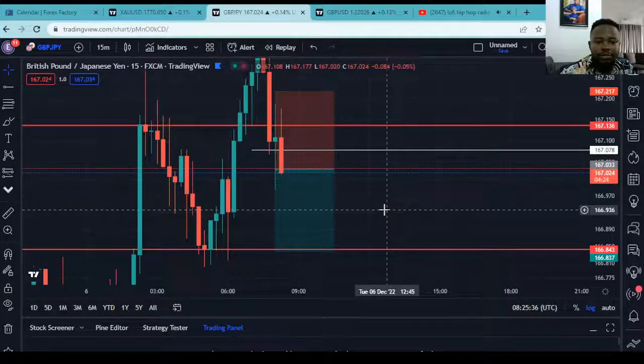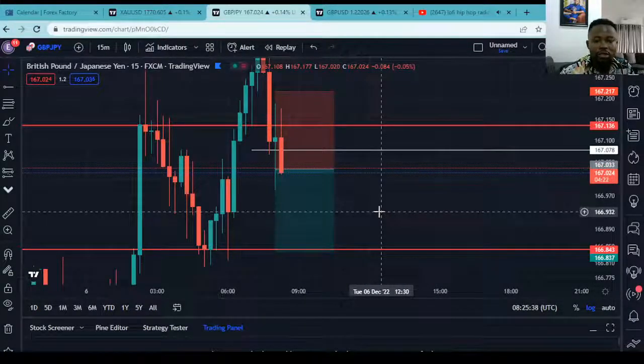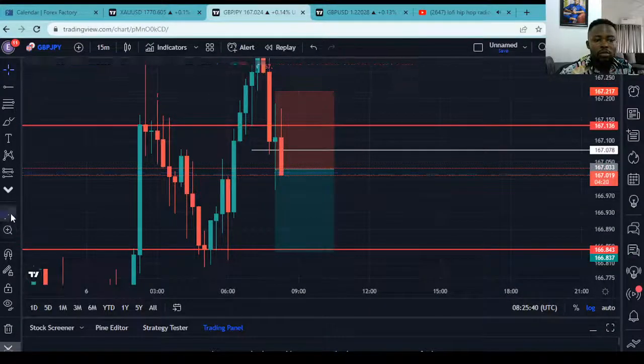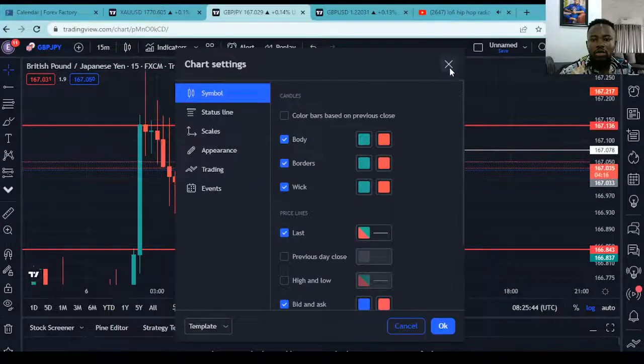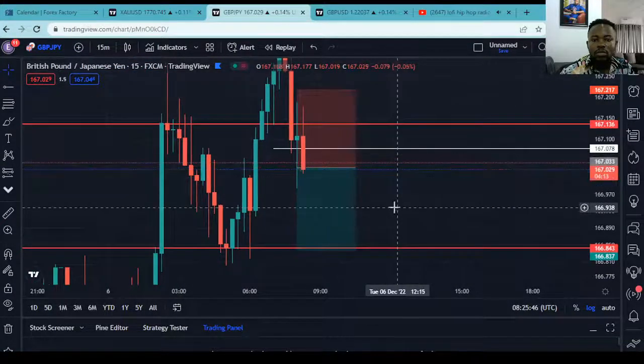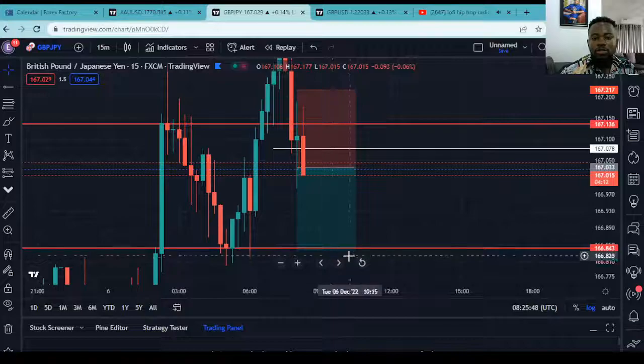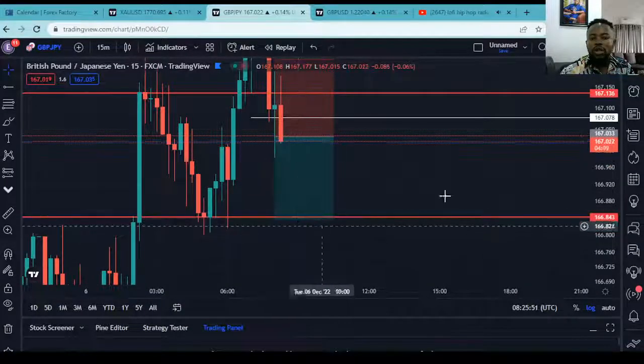So we are back on both of our entries. The second entry, we are actually running about 4 pips right now on the second entry. So we are hoping that we get to fill this entire area here.